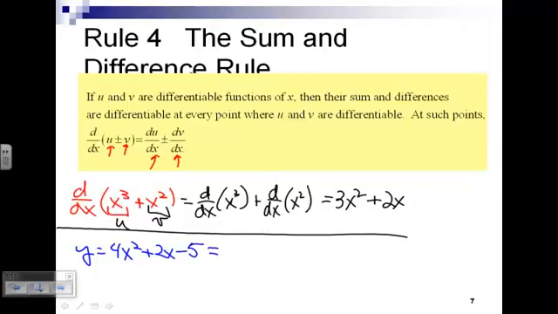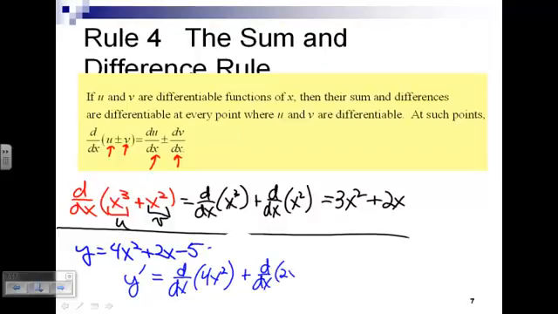Y prime would equal the derivative of 4x squared plus the derivative of 2x minus the derivative of 5.